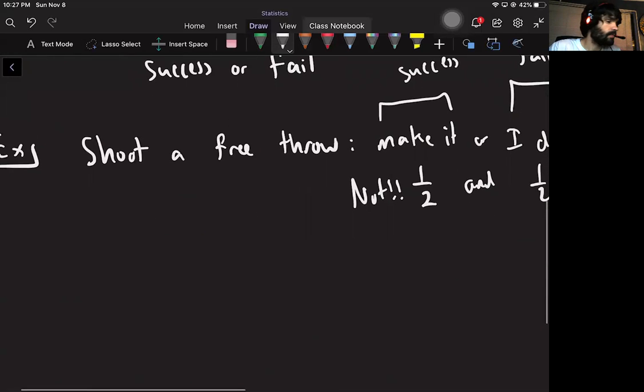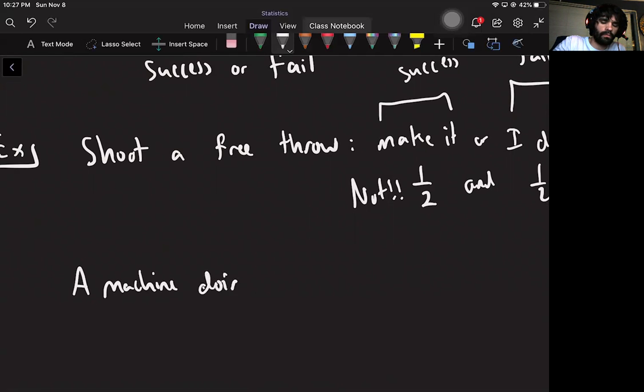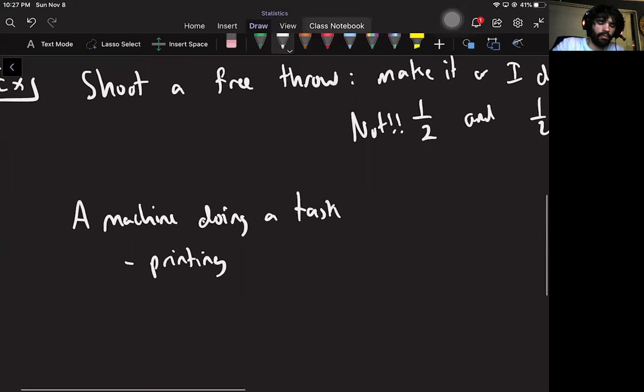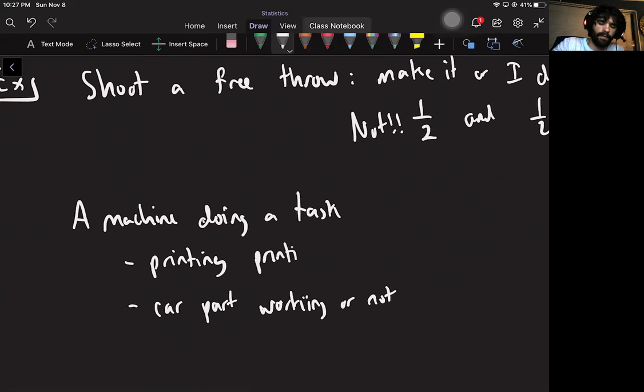But there's lots of other examples. So some sort of machine doing a task. So printing or something. So either the copier prints or it doesn't, or a car part working or it doesn't work. Stuff like that. So a lot of things can be thought of like this.